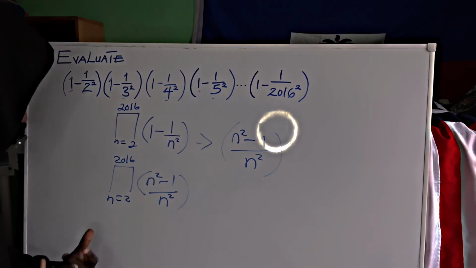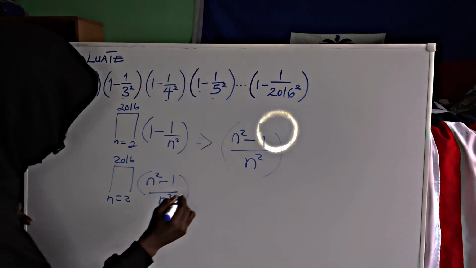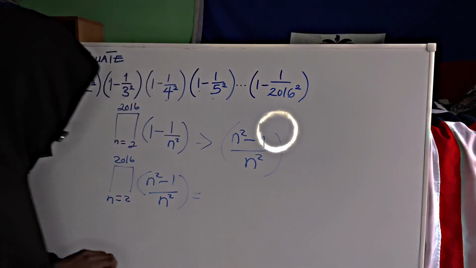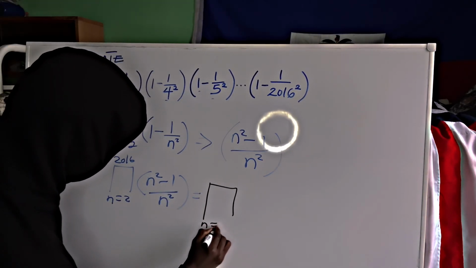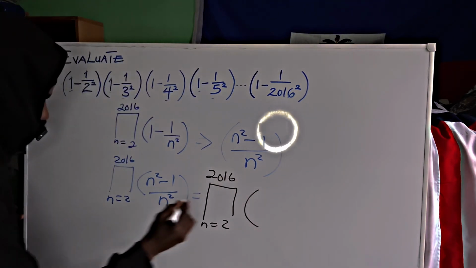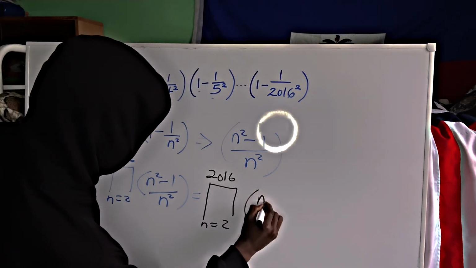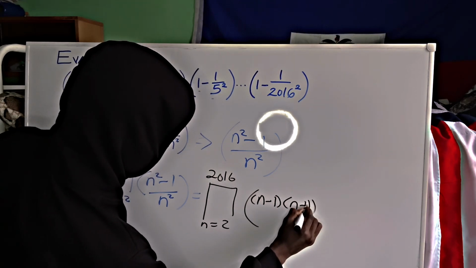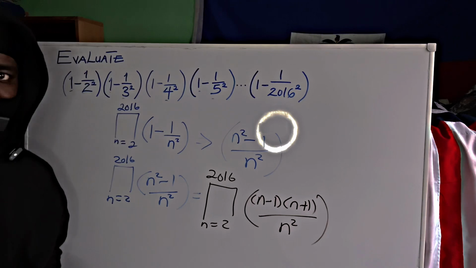The next thing we have to do is to factor the numerator of this expression. This equals the product from n equals 2 to 2016 of, factoring this difference of squares, (n − 1)(n + 1) all over n².